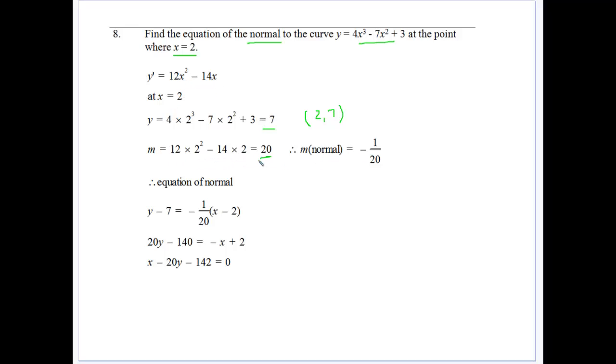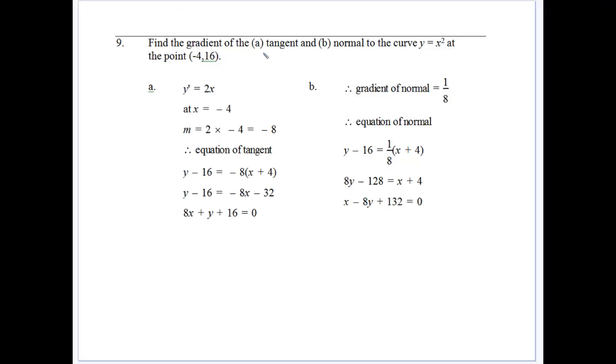Then the gradient of the normal would be the negative reciprocal of that, because 20 times minus 1/20th would equal minus 1. We use our gradient there, we've got our point (2, 7) to substitute in, and then we'll clean it up. We'll multiply through by 20, minus x plus minus 2, and then take the x across, and take the 2 across. It gives us the equation of our line there.